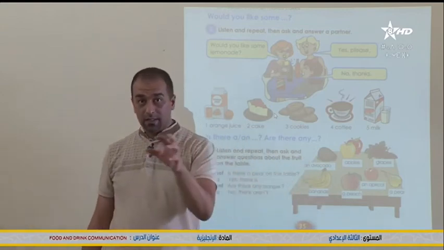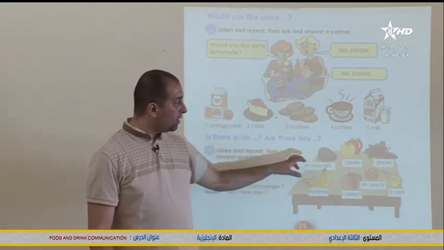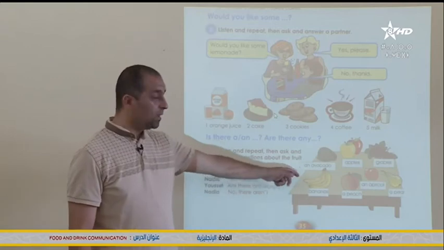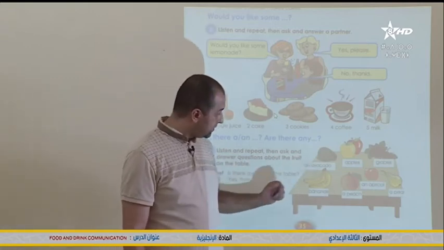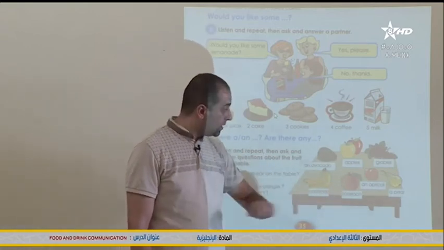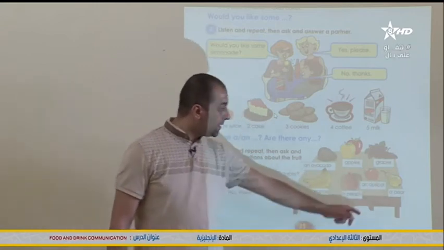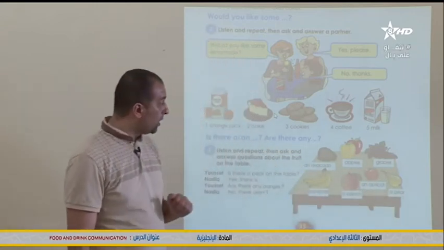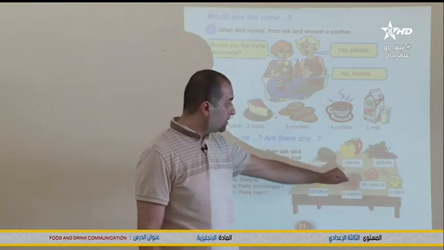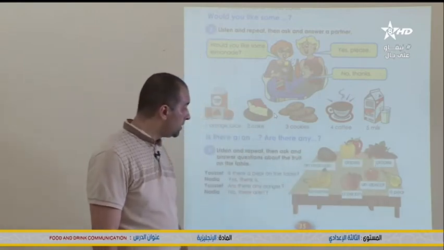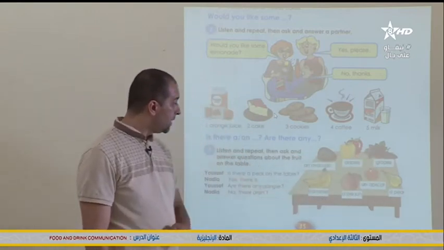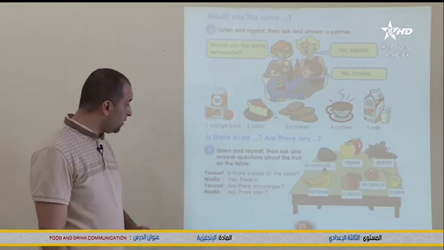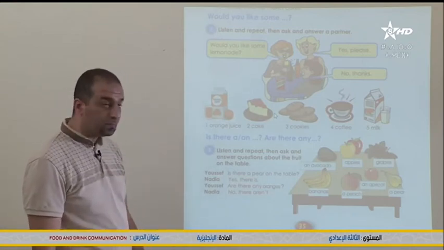Some are singular and some are plural. Singular, like an avocado, a peach, an apricot, and a pear. Plural, apples, grapes, bananas. Now let's read this dialogue between Yusuf and Nadia.